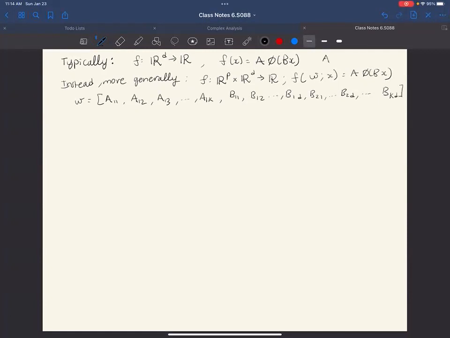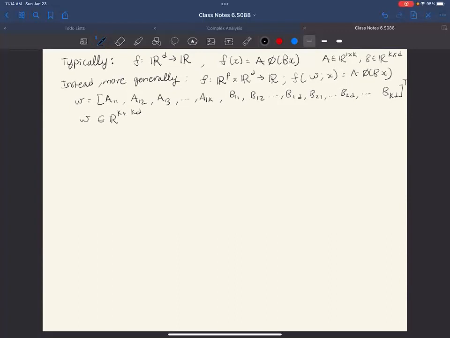And here recall that A is a 1 by K matrix, and B is a K by D matrix. So W should be in R^(K plus KD). It's a giant vector, and I'll write a transpose here so that it's a column vector. And it's a giant vector that has K plus KD dimensions. Okay.